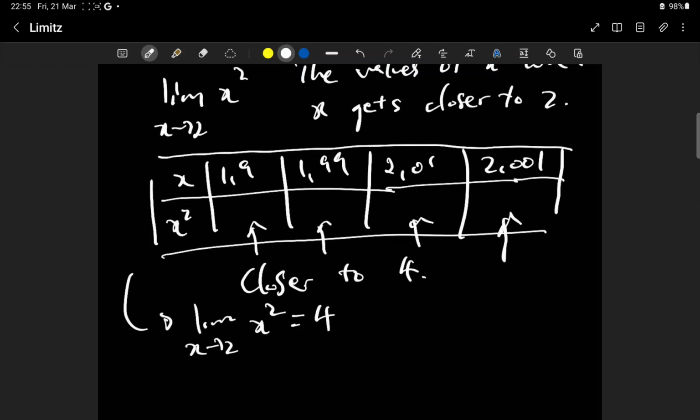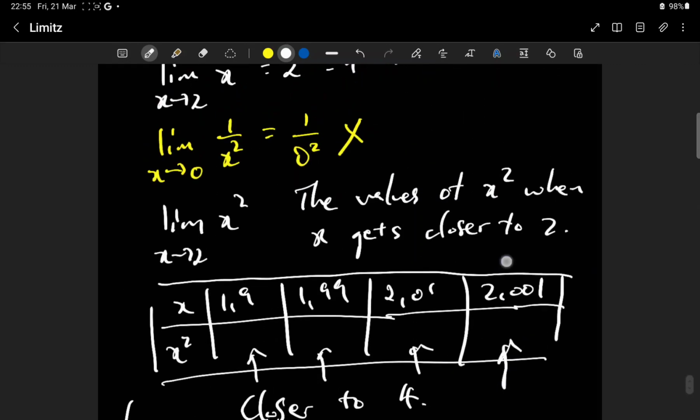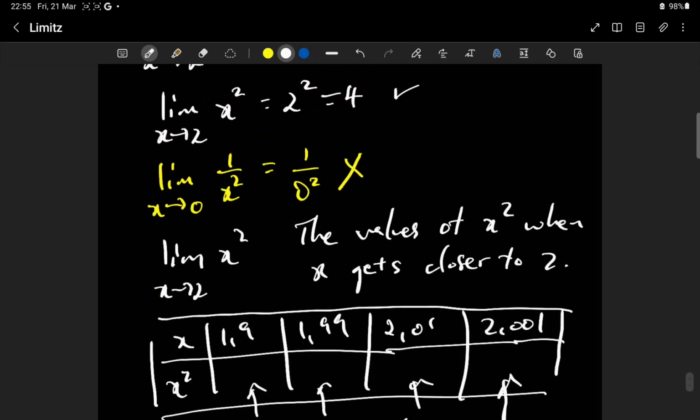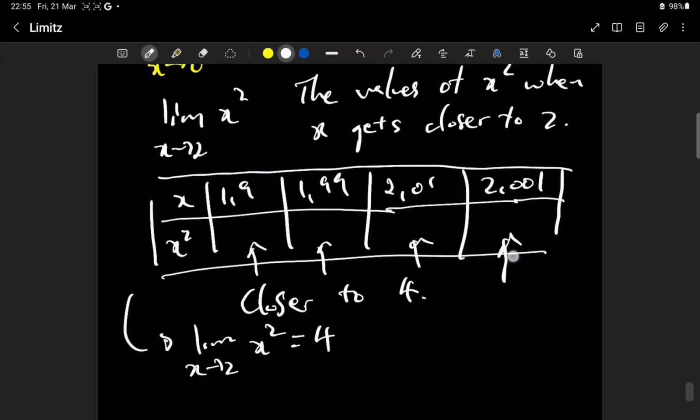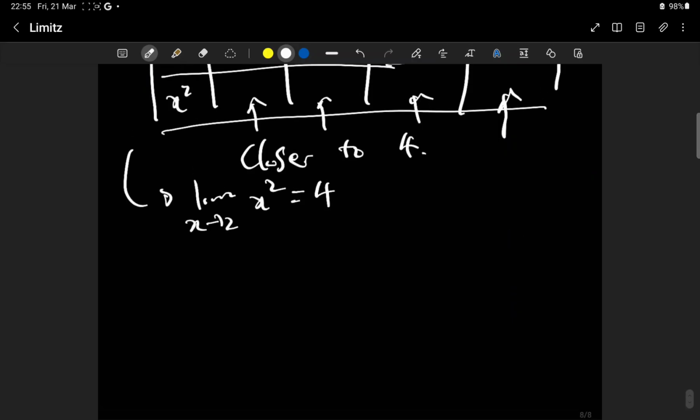But now I'm going to come to the point of when we substitute and why we substitute.